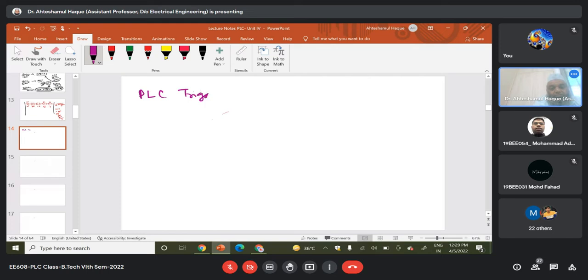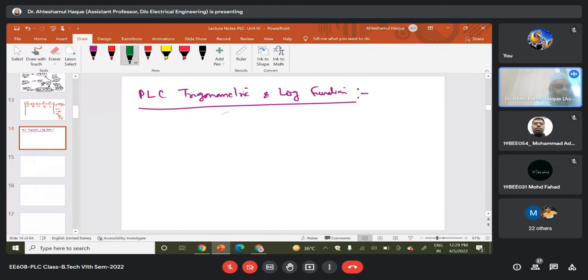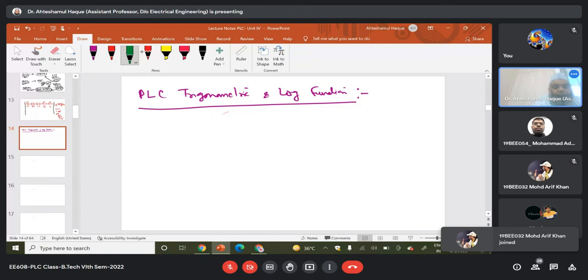PLC trigonometric and log function. So I have certain symbols and then PLC knows that क्या representation and that we will see.